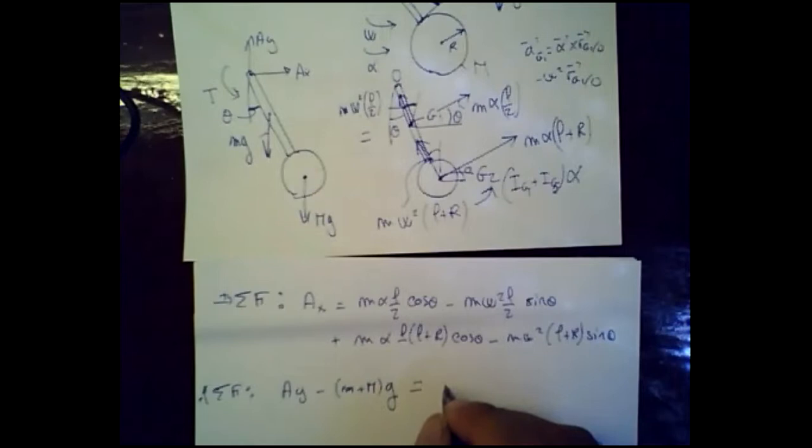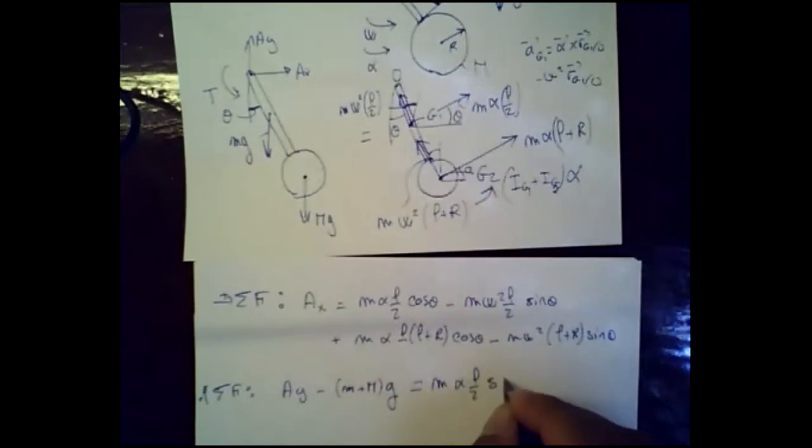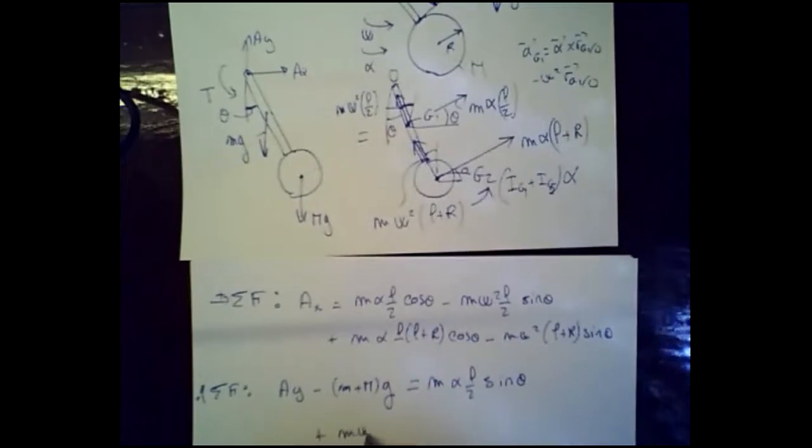Taking the first one, I'm going to have M alpha L over 2 multiplied by sine theta plus M omega squared L over 2 cosine theta, and then this guy, which is M alpha L plus R sine theta, and then the centrifugal omega squared L plus R cosine theta, and there you go, right?